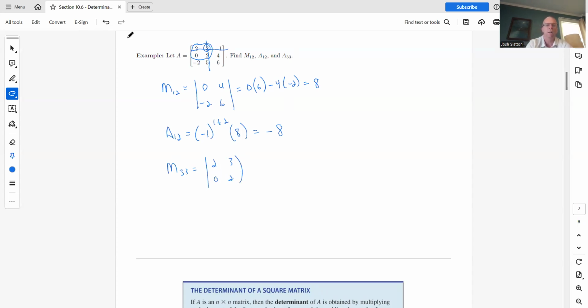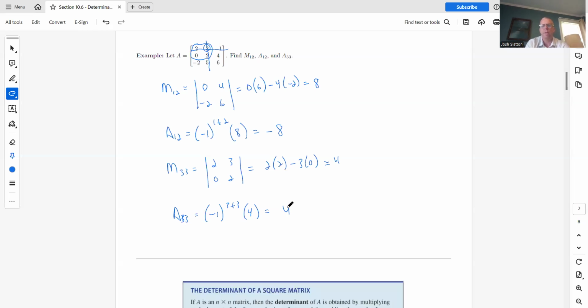That's 2 times 2 minus 3 times 0, which gives us 4. For the cofactor A33, that would be -1 to the 3 plus 3 times the minor, which is 4. So we have -1 to the 6th, which gives +1, times 4. So this would just be 4.